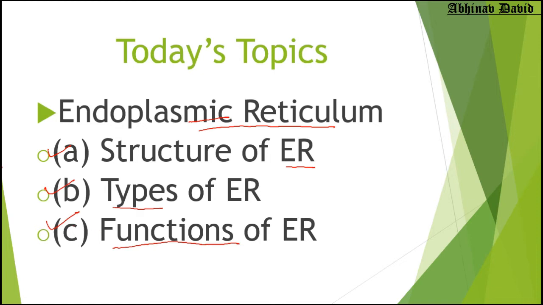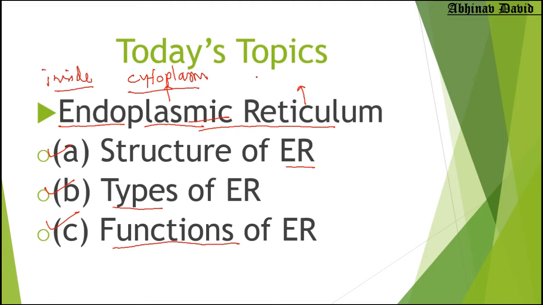Now, as you can see the name, endo means inside. Plasmic means inside plasma. Plasma means cytoplasm, the fluid content of the cell. So inside the cytoplasm, reticulum means network.